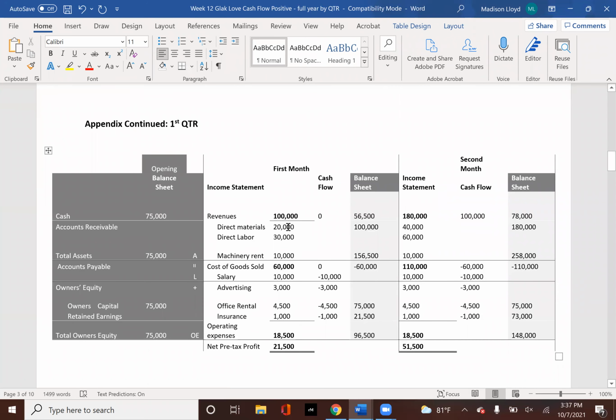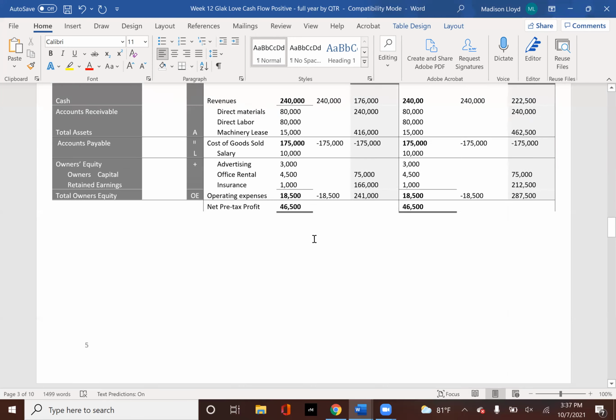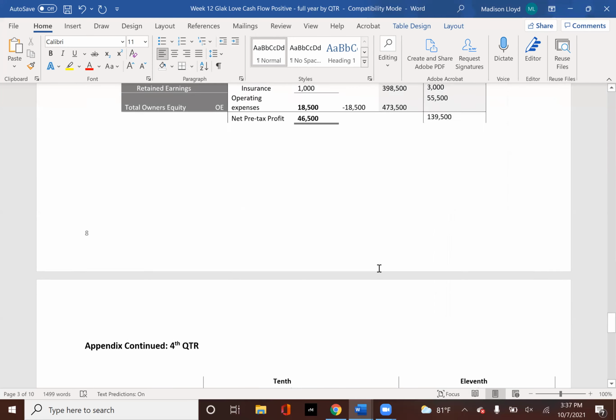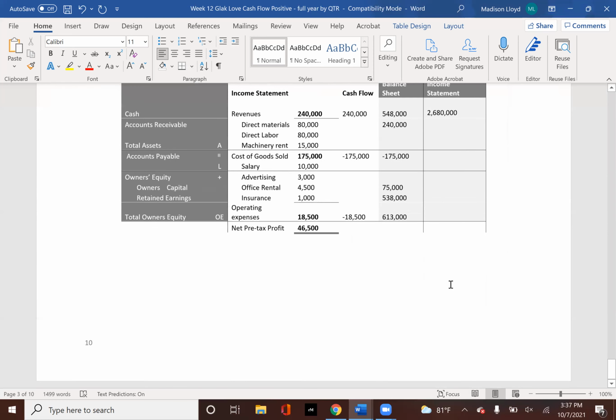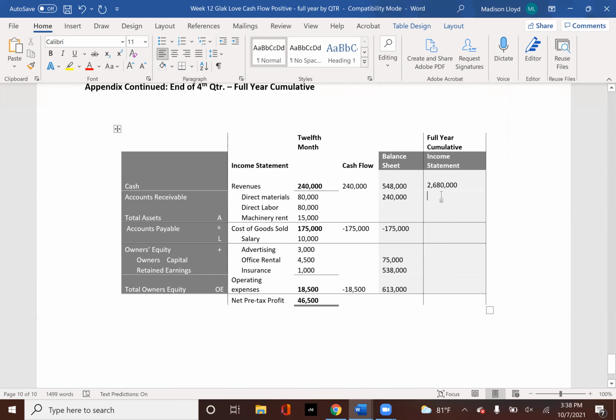Direct materials then was 20,000. So add 20,000 to 800,000 plus 40,000. You've got $860,000 for a full year cumulative of direct materials. 860.